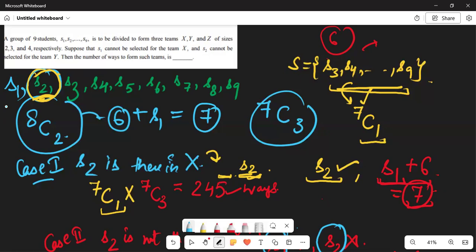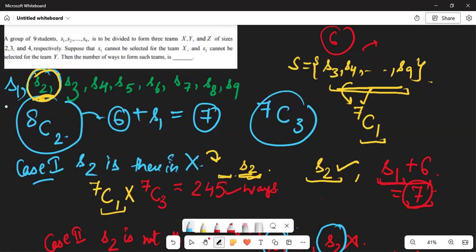But after doing this, we'll be having problem while choosing our students for Y. The problem will be that while selecting 2 students for X, we don't know whether S2 has already been taken or it is yet to be chosen, whether it is there or it is already selected in X. So that was creating a problem. Whatever creates a problem makes a case.